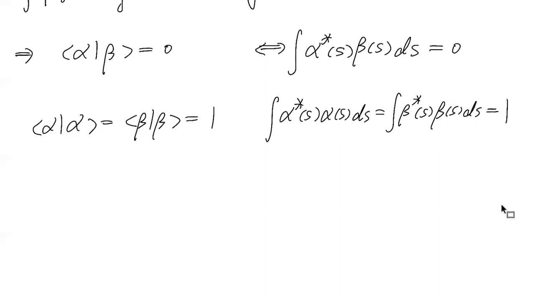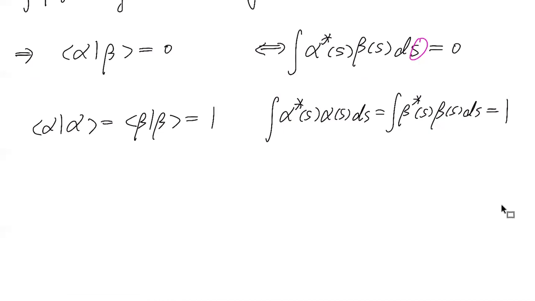Again, this s is really not something you can visualize. You cannot say it's x, y, z. X, y, z is the spatial coordinate. s is something intrinsic in the electron. It characterizes different spin states. It's either the alpha state or the beta state for a single electron, right? So this kind of notation is really an abstract notation.